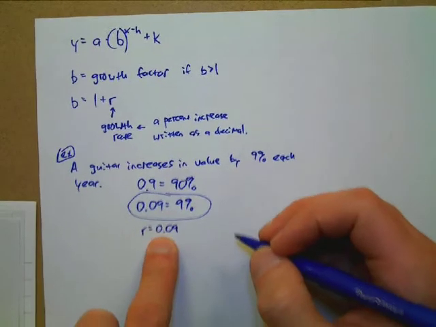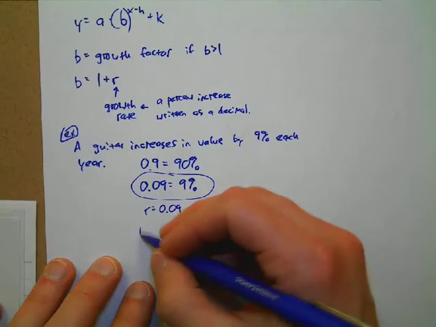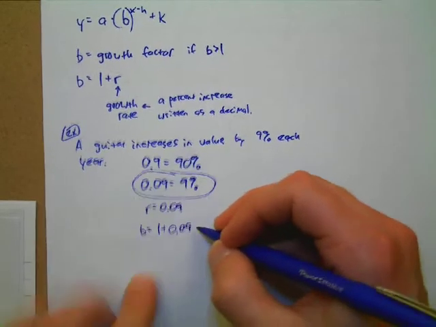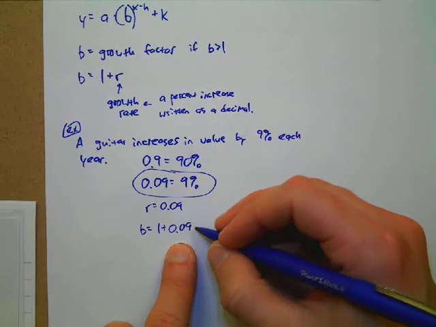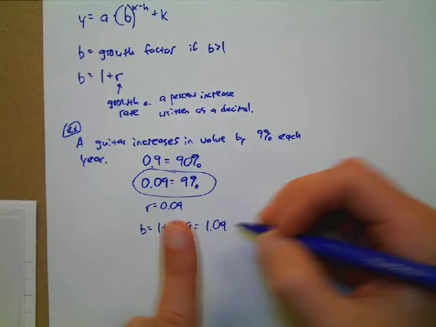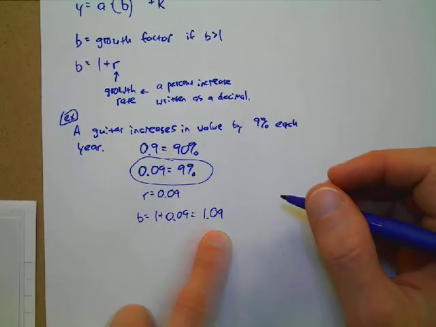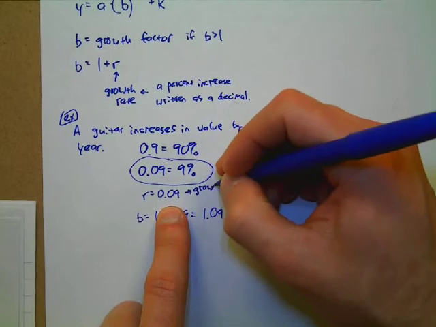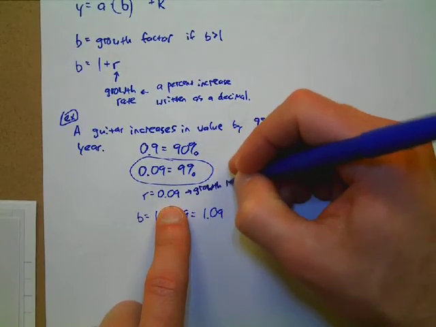The b value here would be 1 plus 0.09, which is equal to 1.09. So the growth rate, it grows 9% every year.